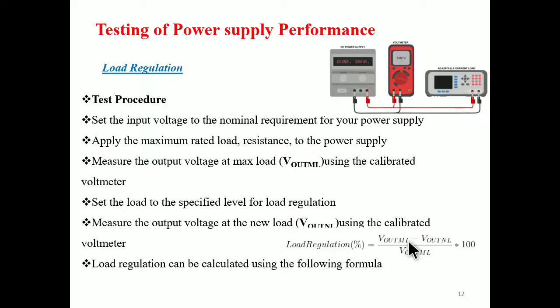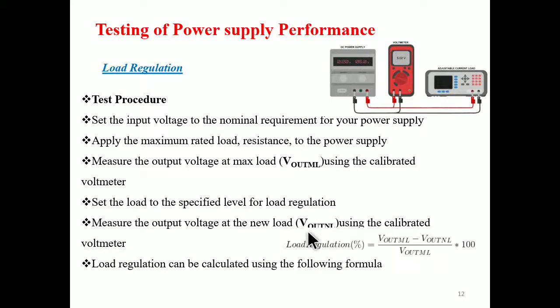To find the load regulation in terms of percentage, the first step is to set the input voltage to the nominal requirement, apply the maximum rated load, and measure the output voltage at the maximum load, that is, V out ML. ML is nothing but maximum load. Next, set the load to the specified level for the load regulation.